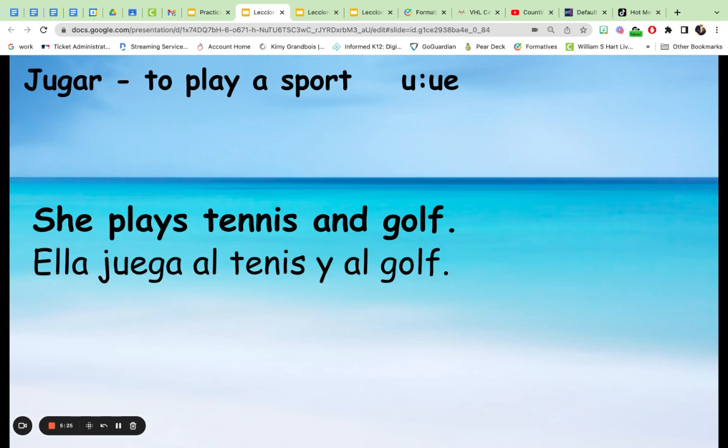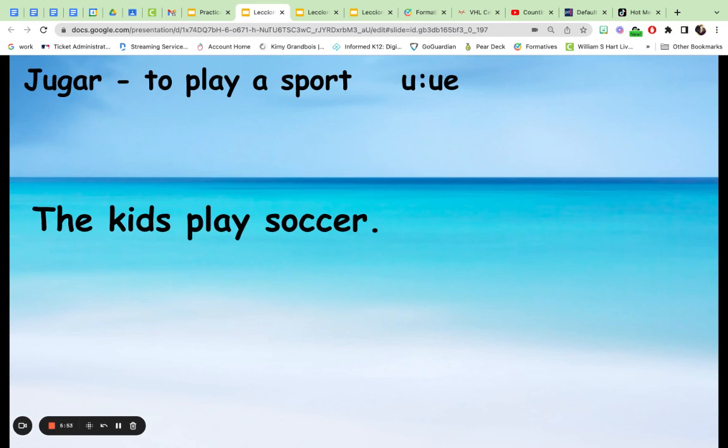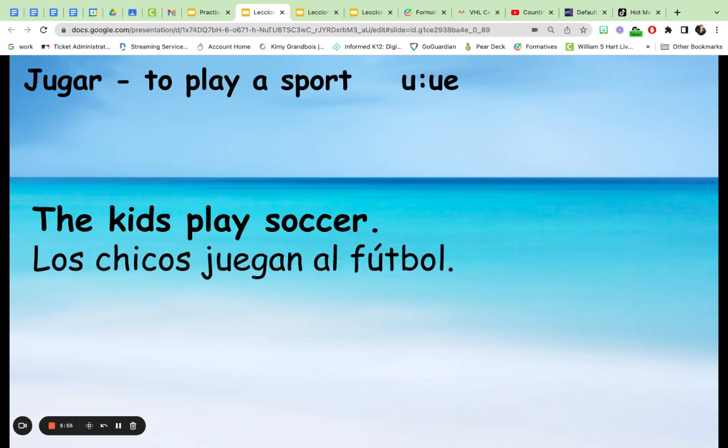Now, a lot of times when you're speaking, you don't do the a, el, you just put the words, but we are learning the grammatical rules to this, so we will be using the a, el, a, los, a, las, or a la. The kids play soccer. Los chicos juegan al fútbol.